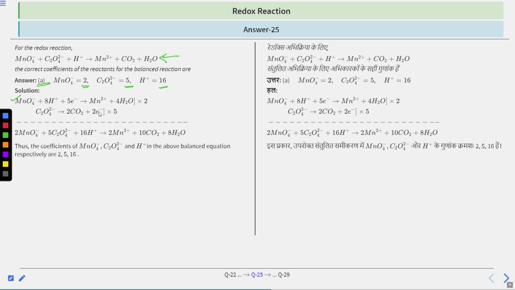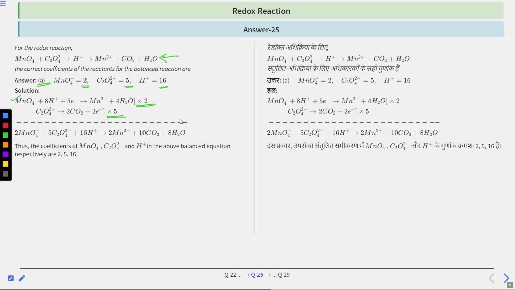Because for balancing, what we will do, we have studied this in the oxidation rule, that if we have an ionic reaction, we have to divide it into two, in the cation and anion, and then we have to balance the electrons by multiplying with a suitable integer, to balance both sides, hydrogen and oxygen, right? So we are doing the same. So in the first reaction, we will multiply it by 2, and the second reaction, we will multiply by 5, and then we will balance it.